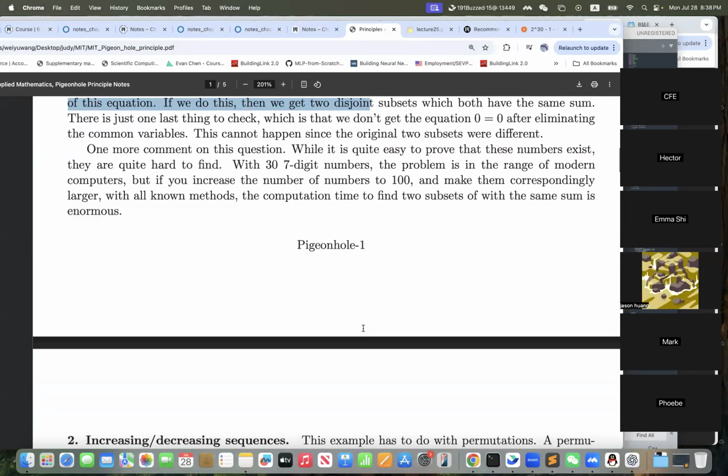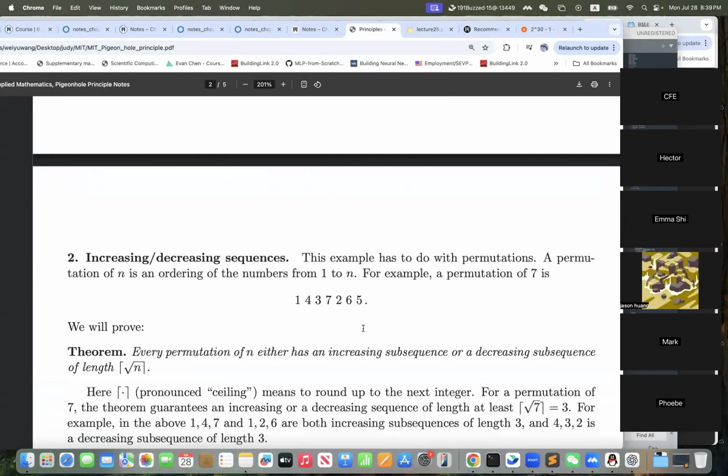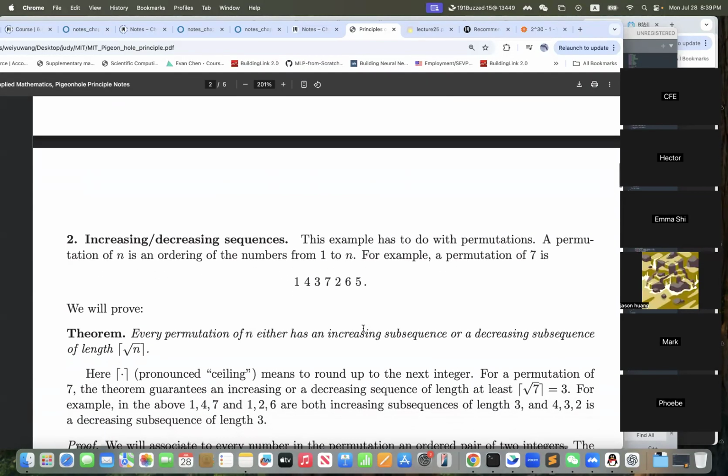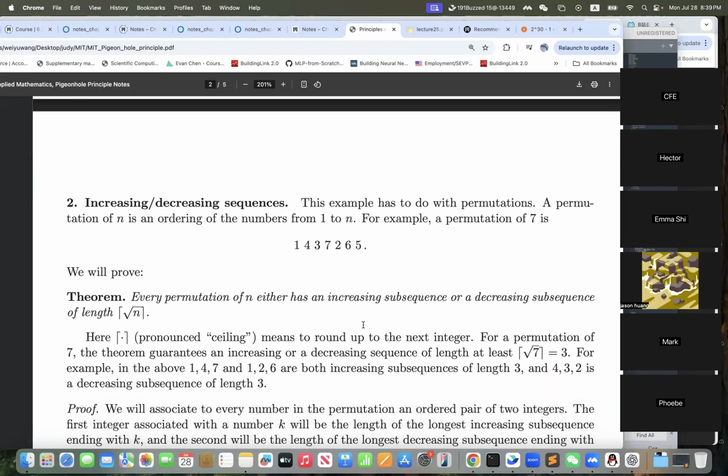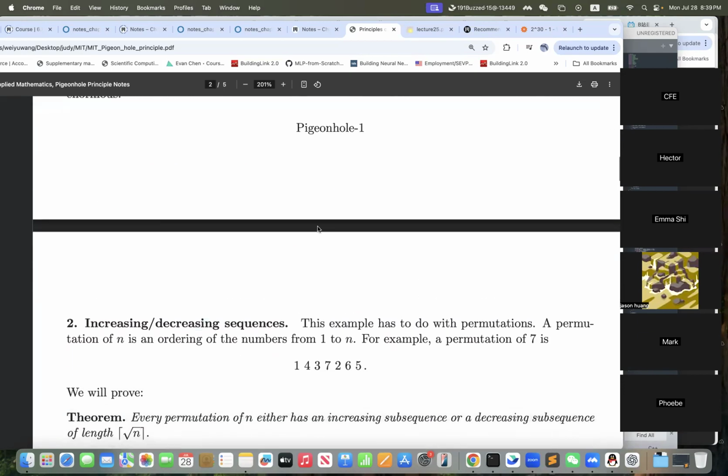Okay, now we are going to prove more complicated questions, and I think this could consume all the time of this lecture. Let's try to first understand the question. So, increasing sequence. This example.